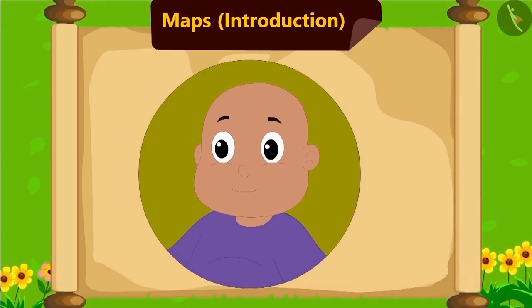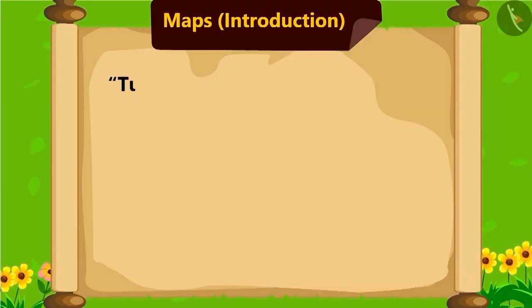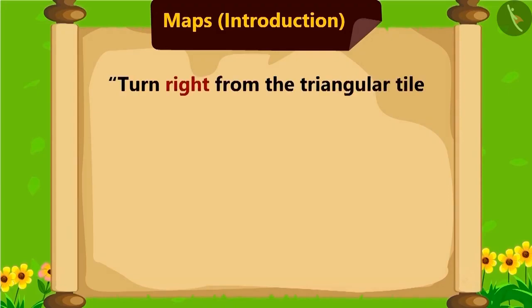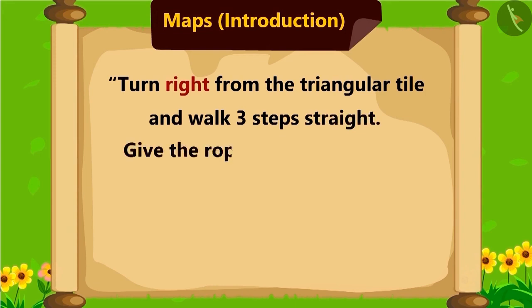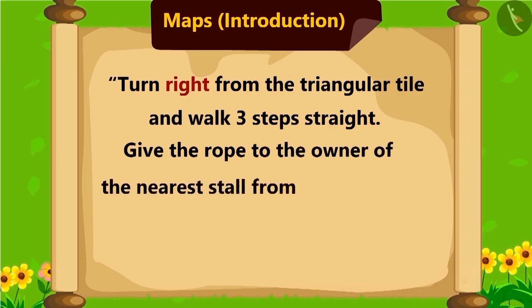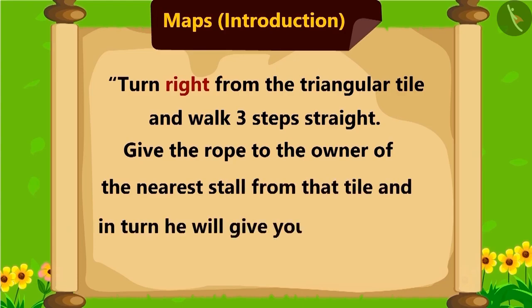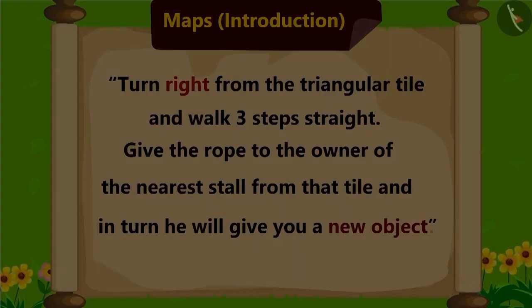Now Bablu further read the instructions. Turn right from the triangular tile and walk straight 3 steps. The stall which is nearest to the tile, give the rope to the owner of the stall, and in turn he will give you new object.